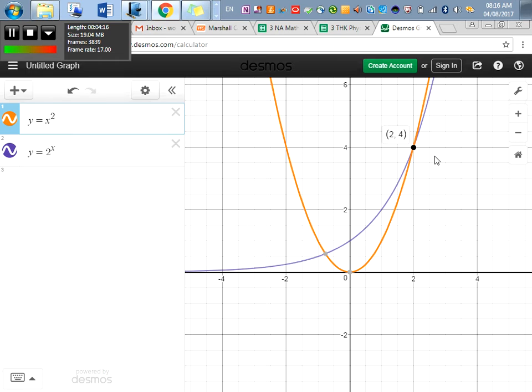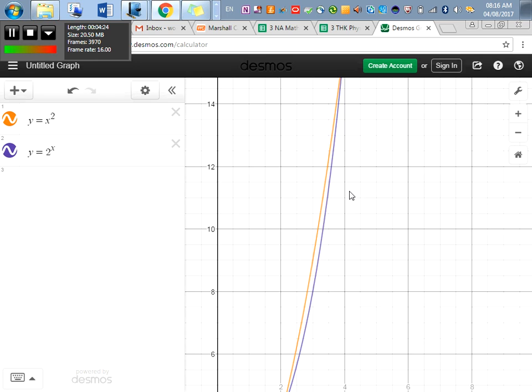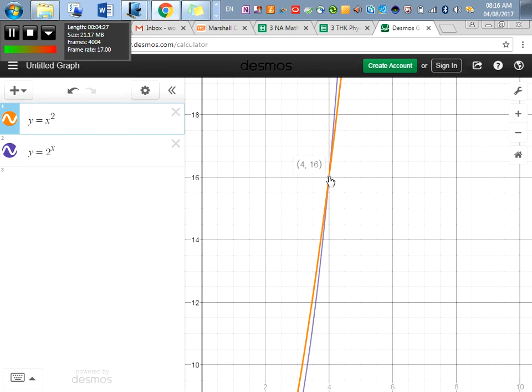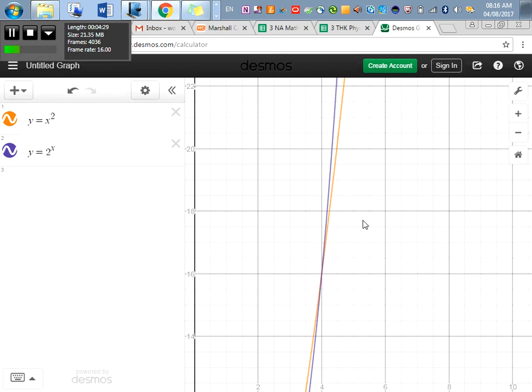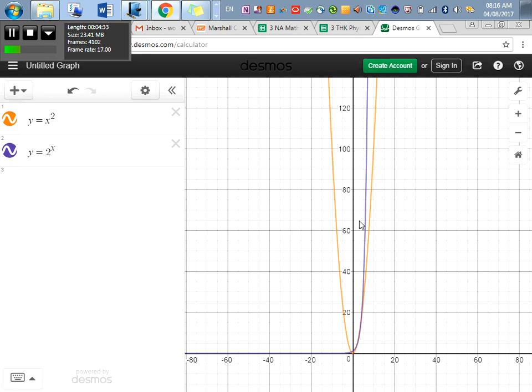Then they meet your y equals to x squared at 2, 4. Once it goes past that point, it continues to shoot up. It meets the curve again at 4, 16, and it increases at a faster rate, faster than your y equals to x squared.